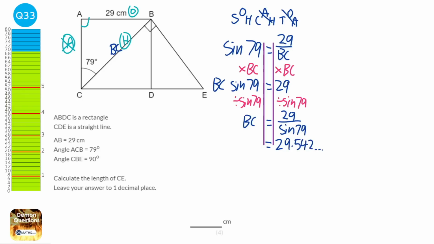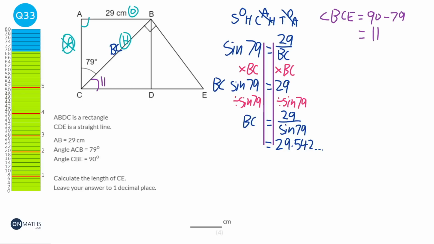Okay, so next thing we need to figure out is angle BCE. So where are we? This angle here. And to work that out, we're just going to take 79 away from 90. So angle BCE is 90, take away 79, and that's going to be 11.